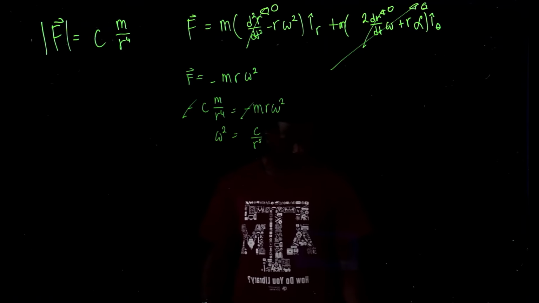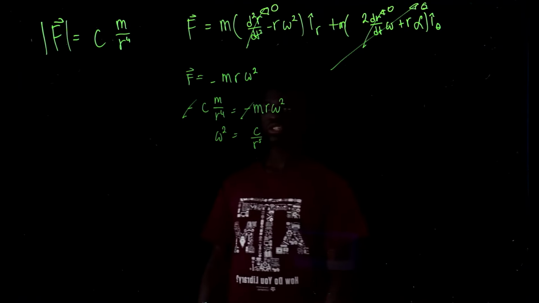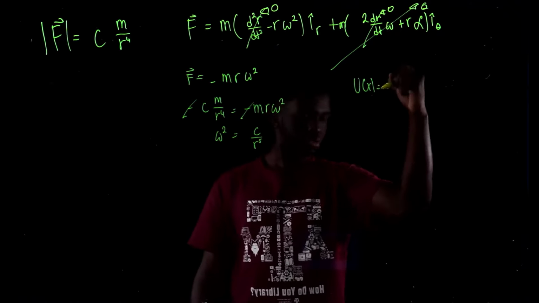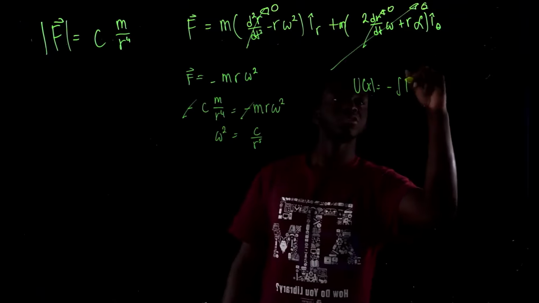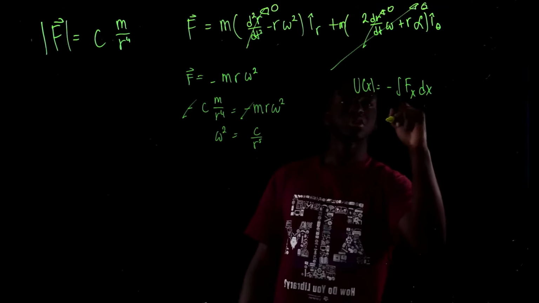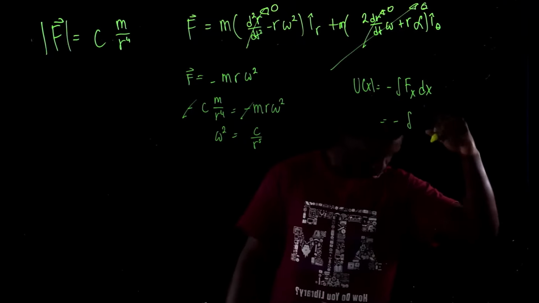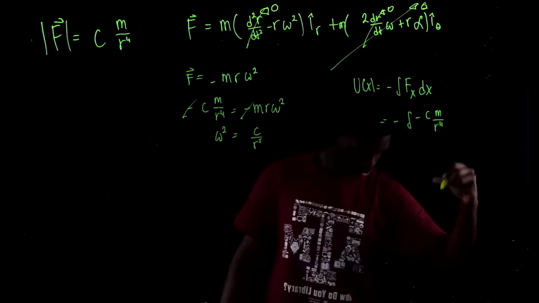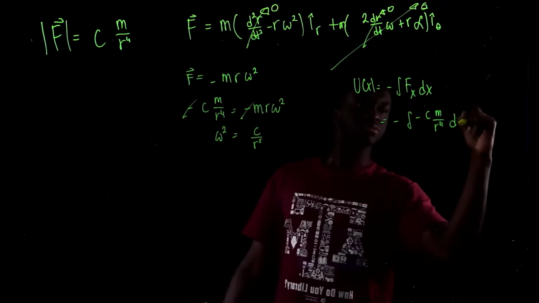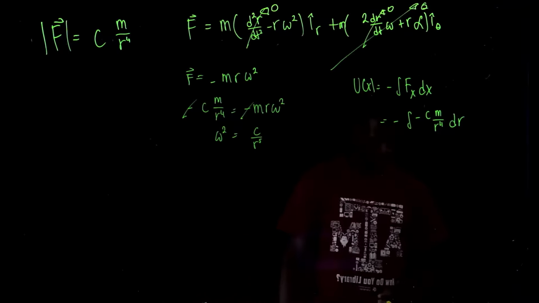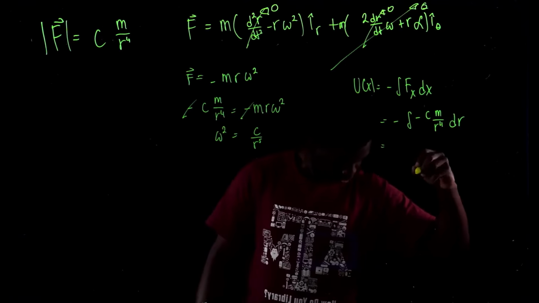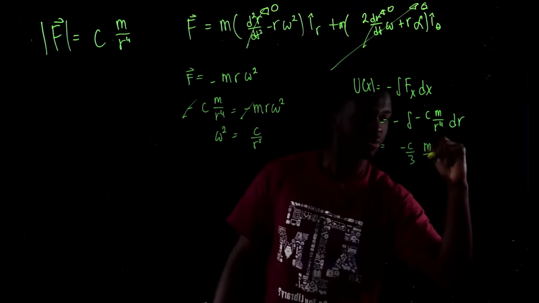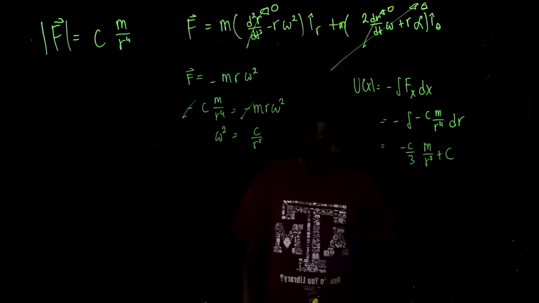So now let's do potential energy first. U of x is equal to negative integral of f of x dx. So now take the negative integral of negative c m over r^4 dr. Take it with respect to r, and that's going to equal negative c over 3, negative c over 3 m over r cubed, plus a constant.